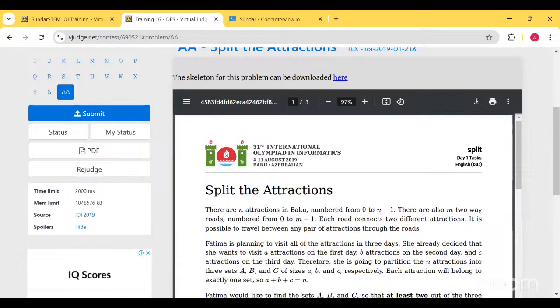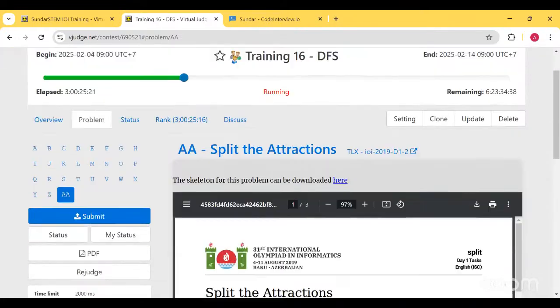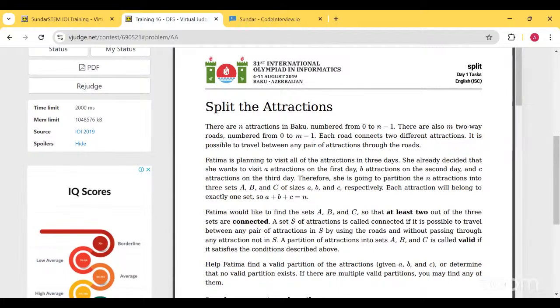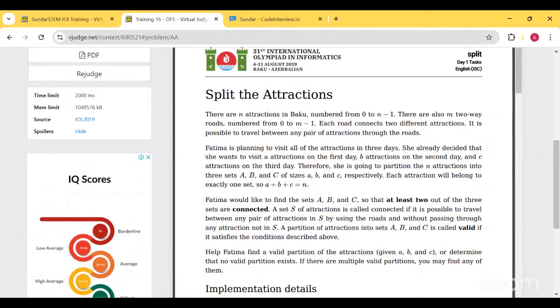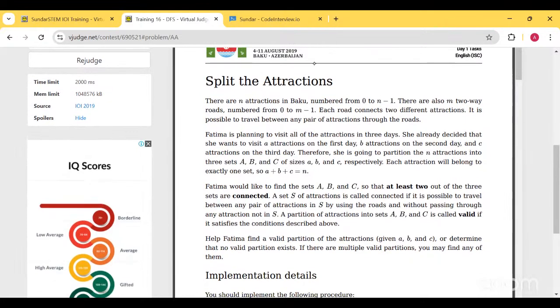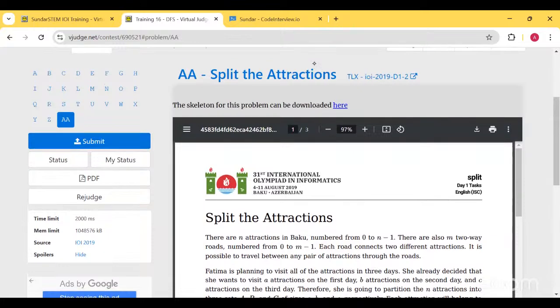And I put this problem here because the solution is just DFS. That's why I put it here, even though this is an IOI problem. Have you read this problem? Is IOI that simple nowadays?